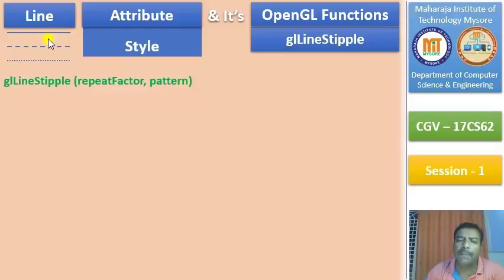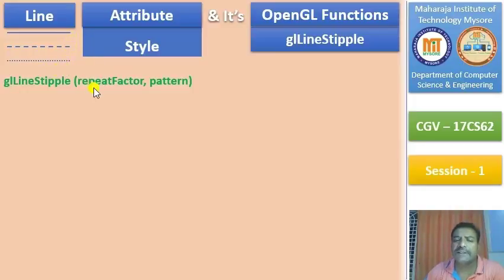If you make the pattern on and off, depending upon what type of pattern you require, I'm going to get a dashed line. So the frequency of on and off you're going to use will decide whether you're going to have a dashed line or a point line.